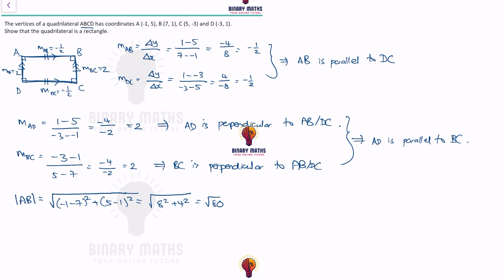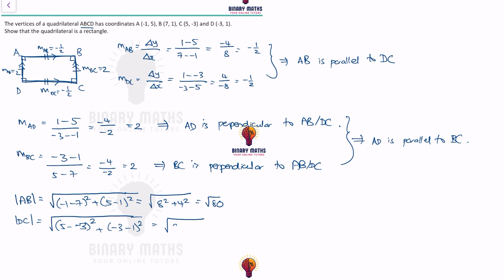If I do the same thing to work out the magnitude of D to C, so the length of D to C, okay, it's 5 take away -3 squared plus -3 take away 1 squared.